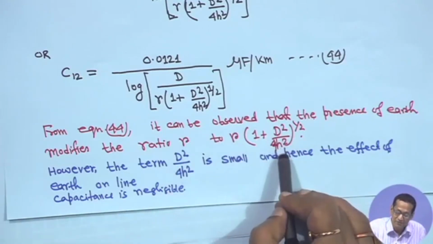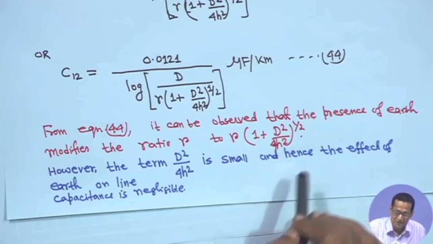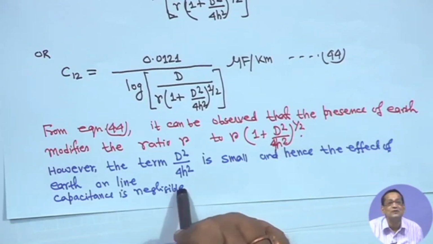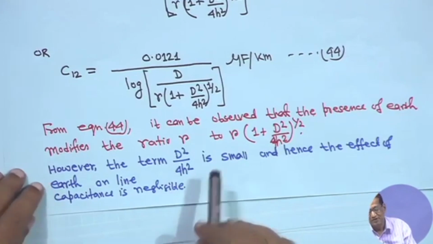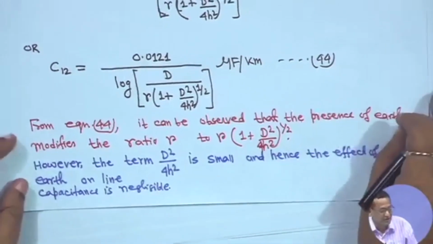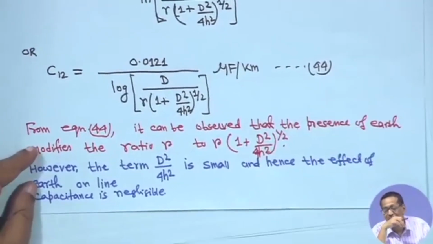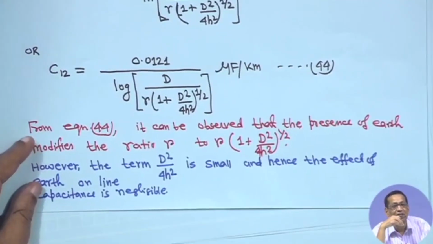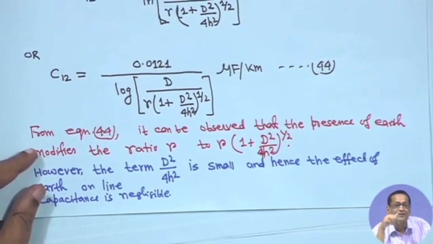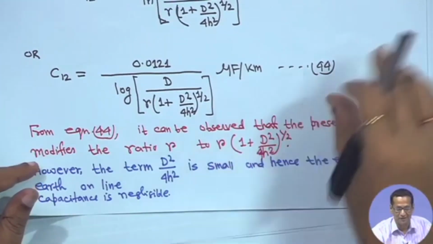So, d square upon 4h square will be much smaller, that is why its effect is negligible. This is for your single phase line. For the 3 phase one, I will suggest that you should try yourself, right.